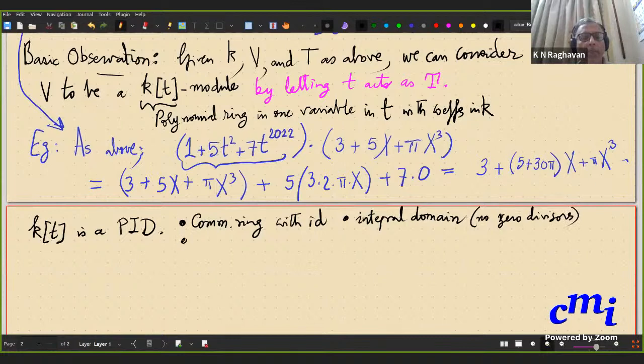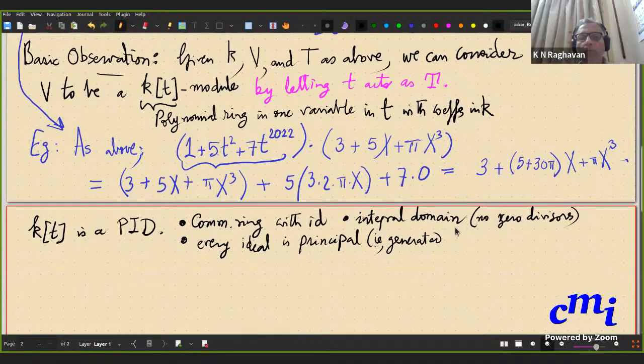And it means that every ideal is principal. Every ideal is principal, that is, generated by a single element. Okay, is this clear? Okay.